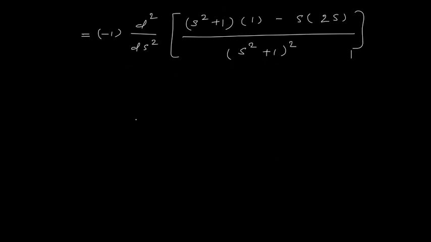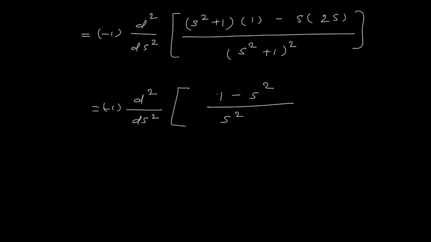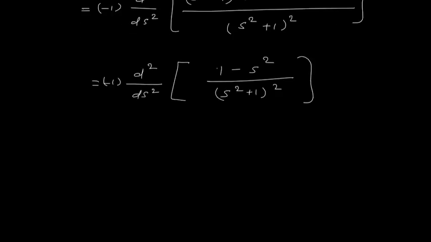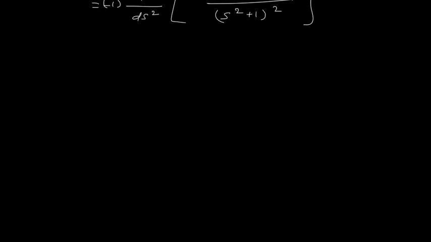Okay, so this is one time differentiation I have done. Minus 1 d square upon ds square. First simplify inside. It is s square plus 1 minus 2s square. So it will become 1 minus s square. And the denominator is s square plus 1 the whole square. I will differentiate again. So this is minus 1 into d by ds.